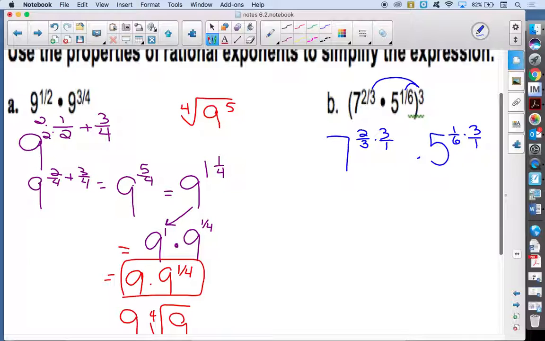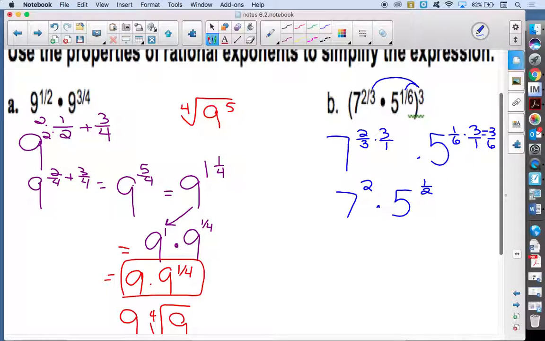So when you multiply 2/3 times 3, does anybody know what that exponent becomes? Okay, 2. And then 5 to the 1/6 times 3 over 1, Kate, is 1/2, because that's really 3/6 or 1/2.